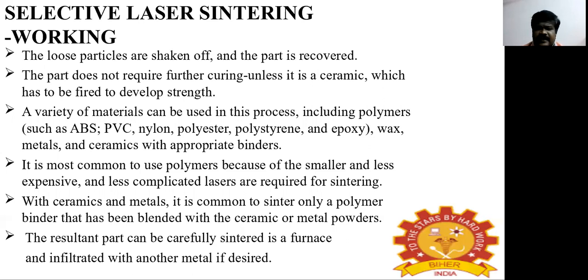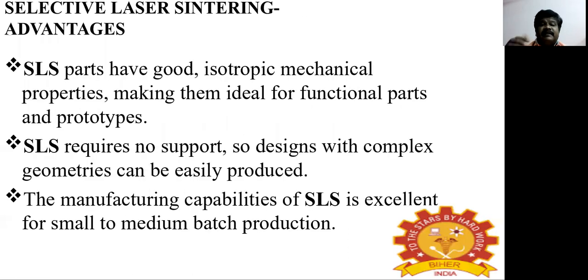If we take ceramics and metals, for sintering we use a polymer binder that we can blend with the ceramic or metal powders. The resultant part we can carefully sinter in a furnace and infiltrate with another metal as and when we require.